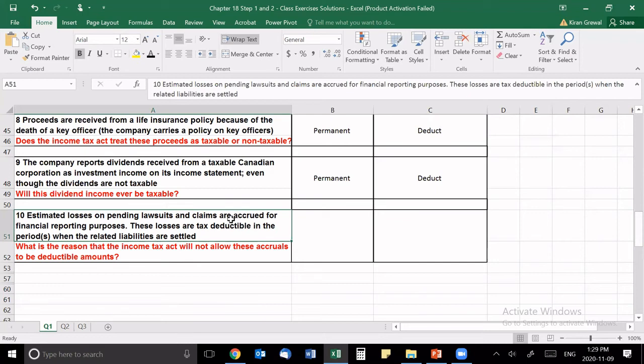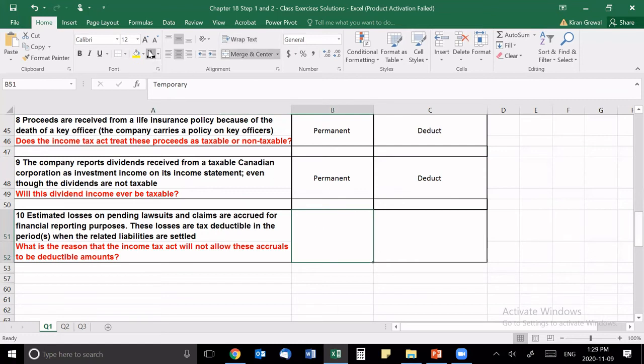So eventually, we will be able to record this for both accounting and tax, just in different time periods. So it's a temporary difference, and this was accrued on the financial statements. So this is an expense that brought down accounting income, and therefore, in order to get taxable income, we have to add this back.